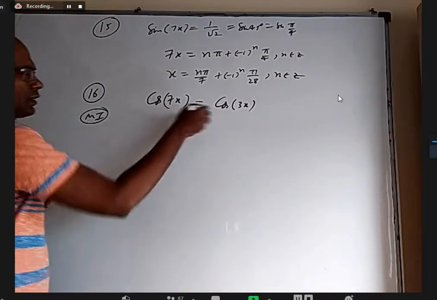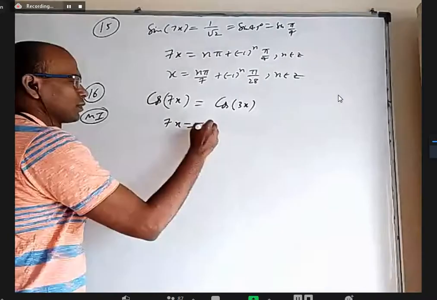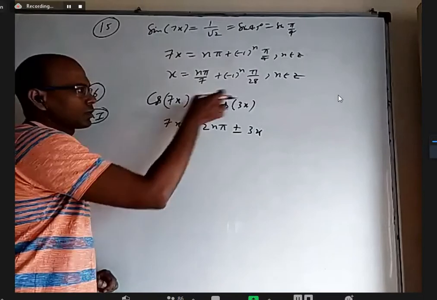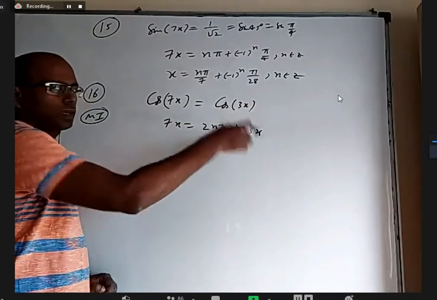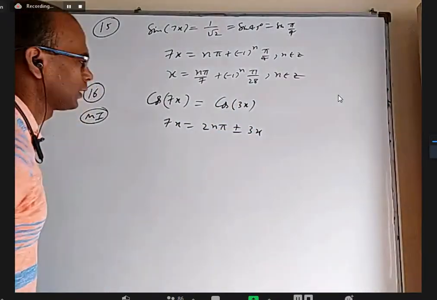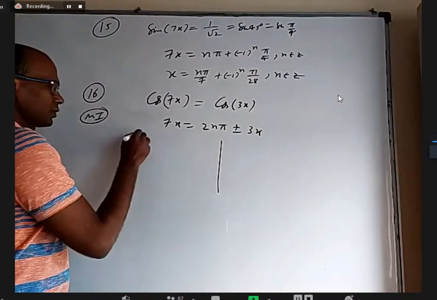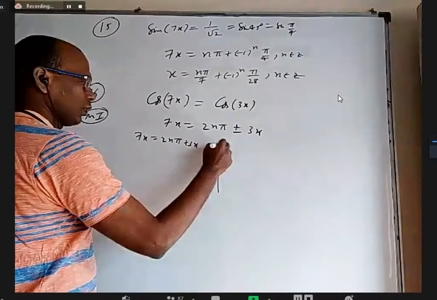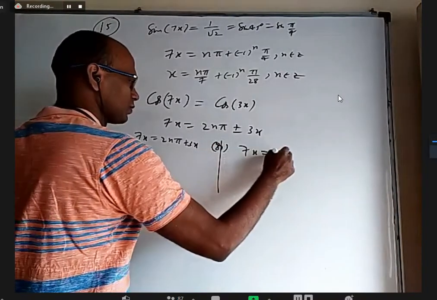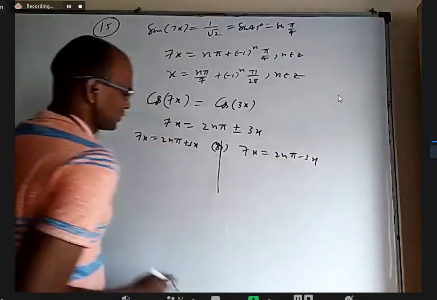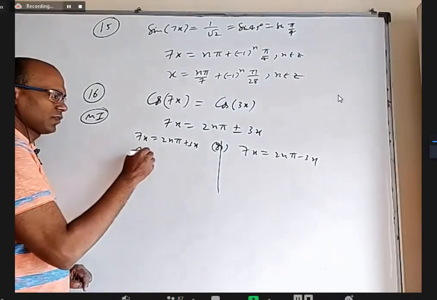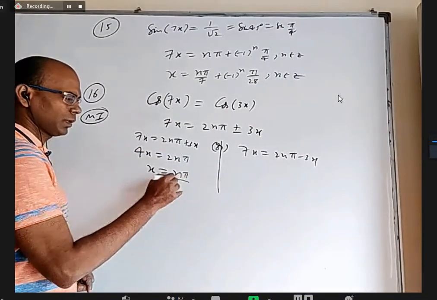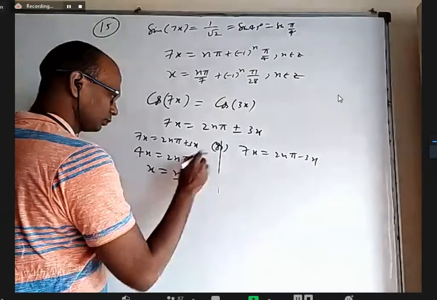Method 1, I'll directly write 7x is equal to 2n pi plus or minus 3x. Cos x equal to cos alpha, x equal to 2n pi plus or minus alpha. Now I have to take two cases. 7x equal to 2n pi plus 3x, or 7x is equal to 2n pi minus 3x. When you bring this 3x to this side, 4x equal to 2n pi, x is equal to 2n pi by 4 or n pi by 2.